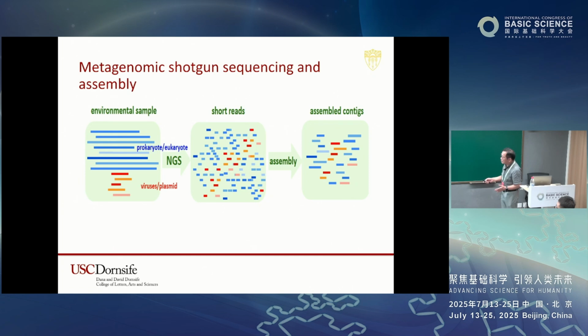The longer lines indicate those relatively large microbes like bacteria, archaea, eukarya, etc., and the different colors indicate the different types of microbes. Then in the environment, in addition to these relatively large microbes, there are also small microbes like phages. Here we indicate those different types of phages, plasmids, etc.